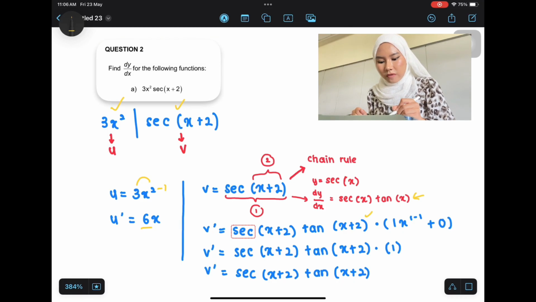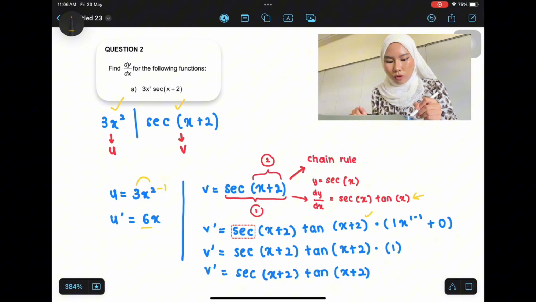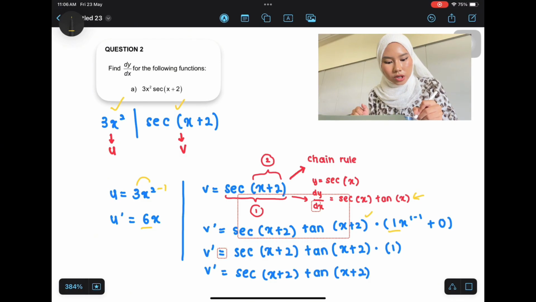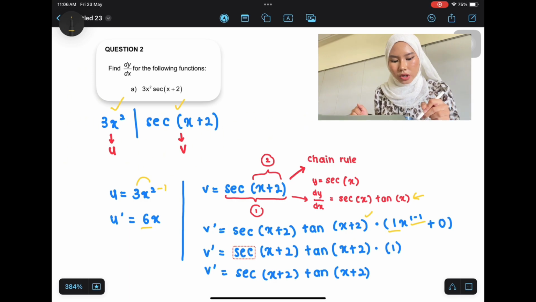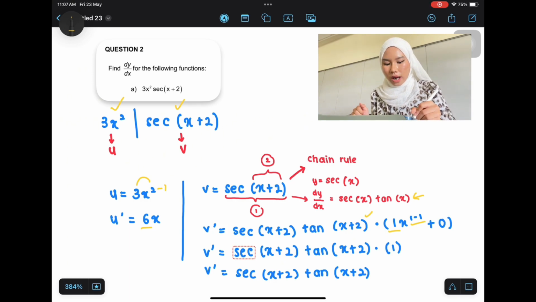To differentiate x, we will have 1, because 1 times 1 gives 1 and the power of 1 minus 1 gives 0, so we have 1. To differentiate 2, we get 0. So we have 1 here.